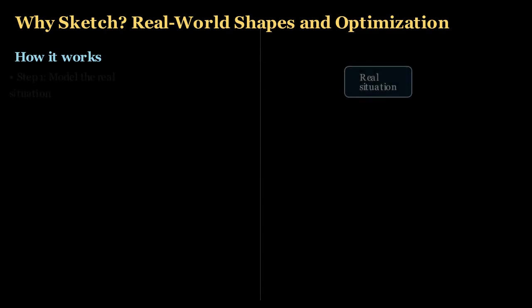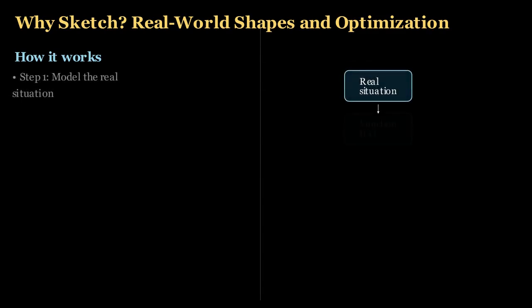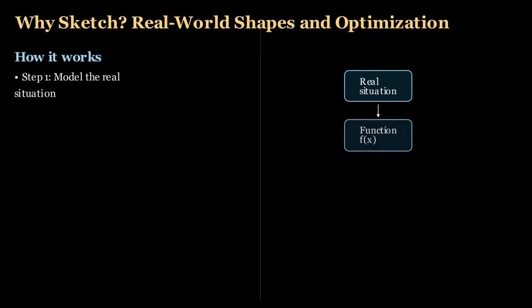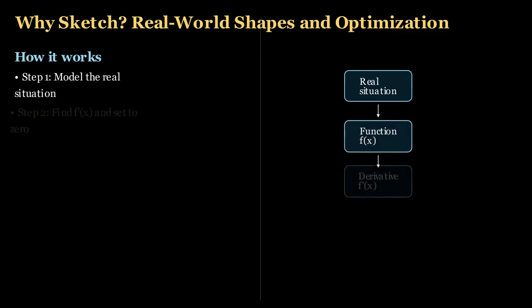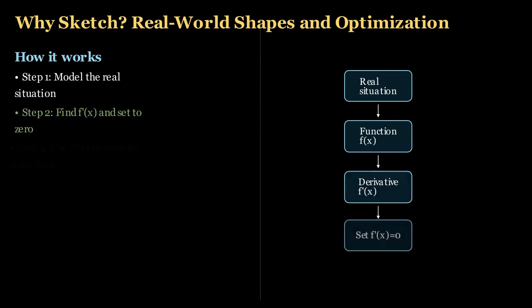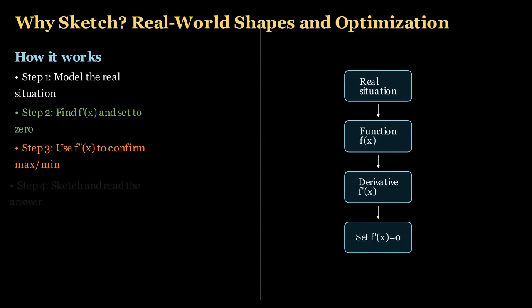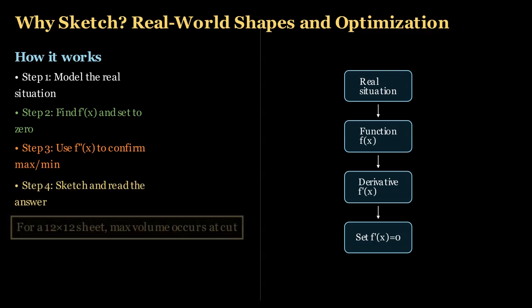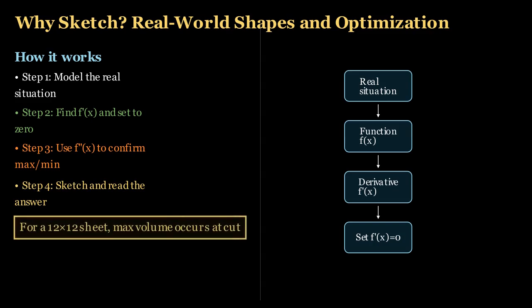The derivative is the slope, it tells us how the volume changes as we change the cut size. We set that derivative equal to 0. Why? Because at the very top of the volume graph, the slope is flat, 0, just for a moment before it starts going down again. Those points where the slope is 0 are our critical points. Third, we check the second derivative at those points.